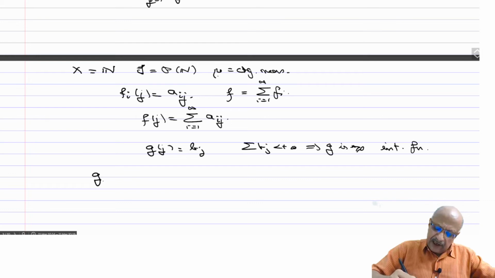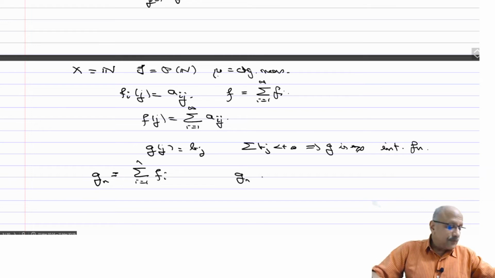Let us define g_n to be equal to the sum from i equals 1 to n of f_i. Then g_n tends to f.